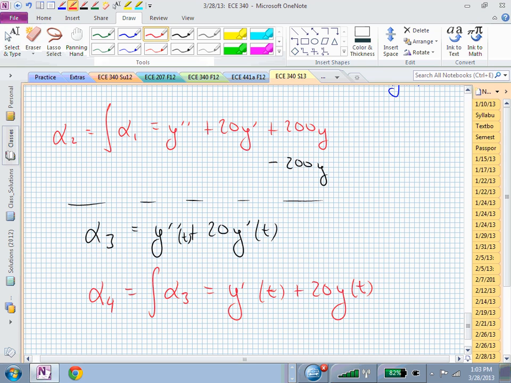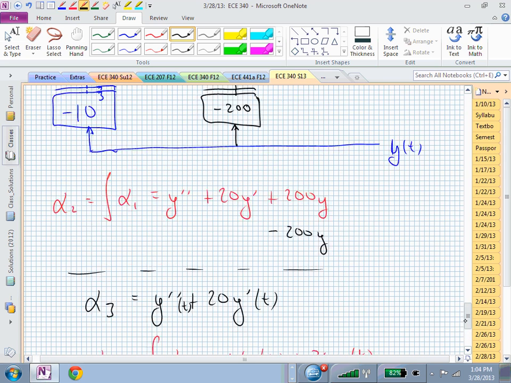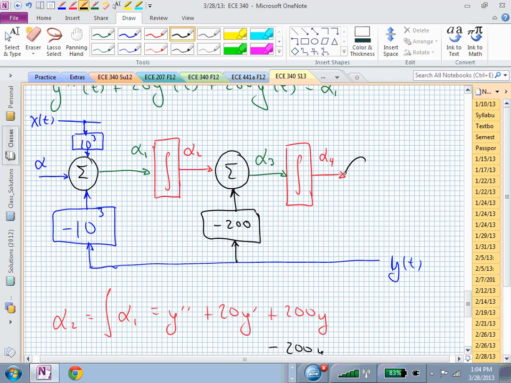Now what am I going to do? Get rid of that y piece. And I can do that by subtracting 20y. I can do that up here by taking that alpha sub 4, combining it with minus 20 scaling y.